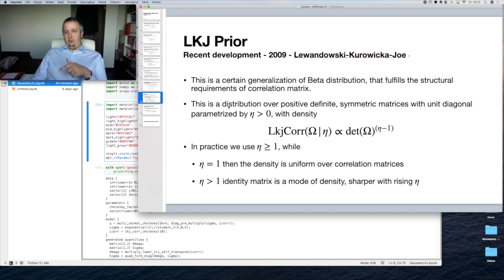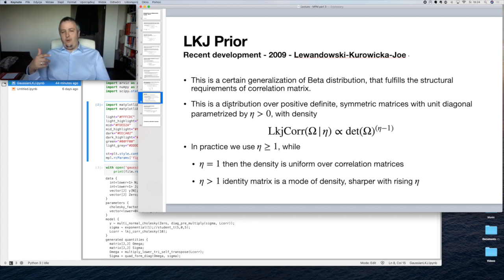If eta is equal to 1, then we have a uniform distribution of correlation matrices. But remember, as with uniform distribution of simplexes, this doesn't mean that all the coefficients are uniformly distributed. It only means that the matrices are distributed more evenly.